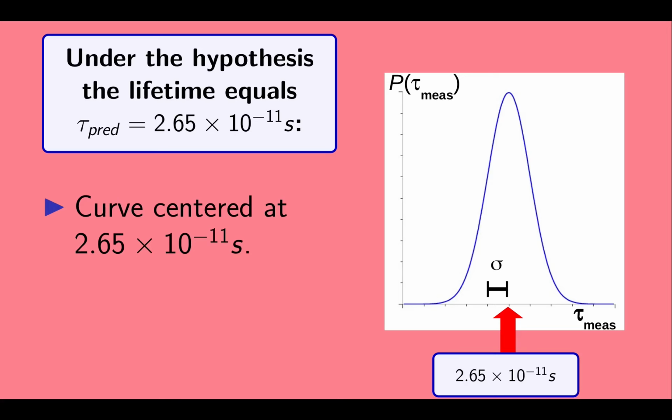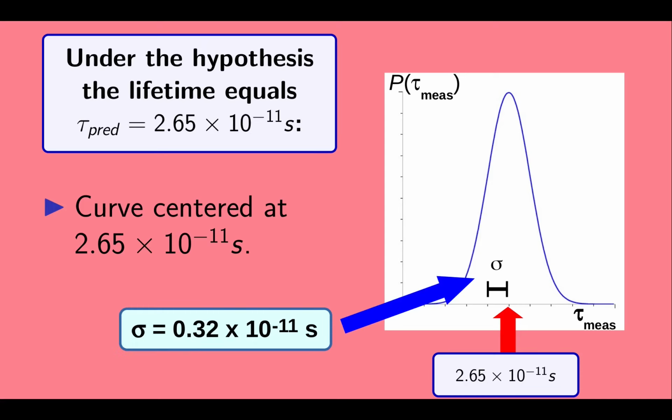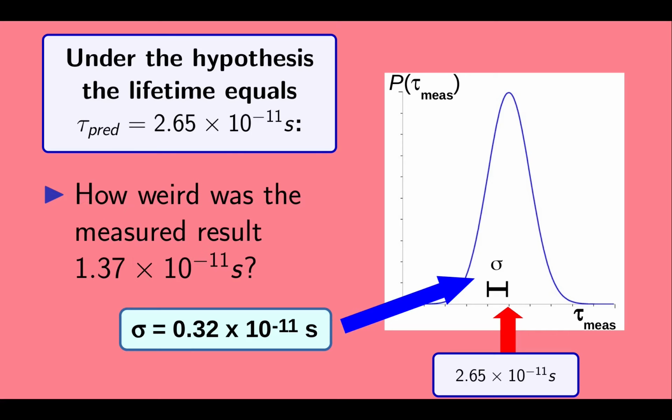Under this new hypothesis, the curve is centered at 2.65 times 10 to the minus 11 seconds. But sigma, which was given by the error bar on the measurement, is unchanged at 0.32 times 10 to the minus 11 seconds. So how weird is the measured result of 1.37 times 10 to the minus 11 seconds this time?